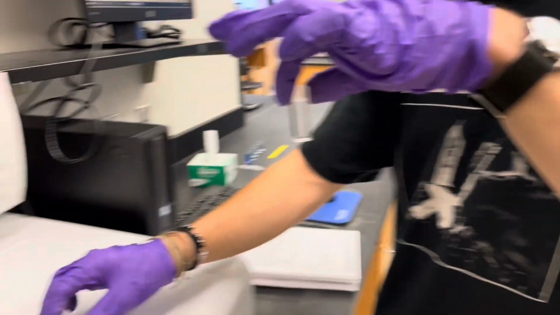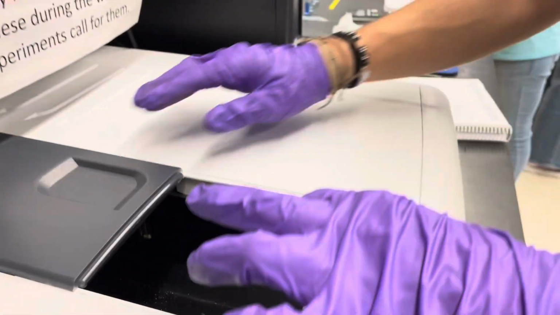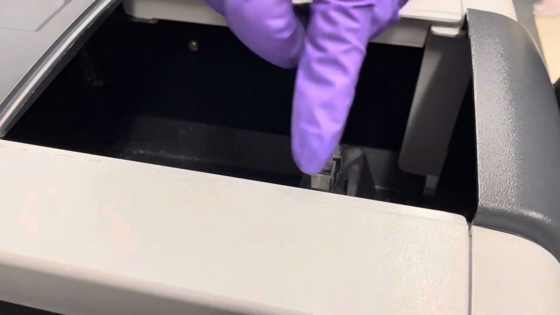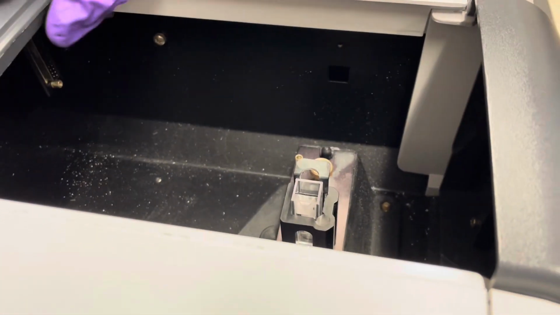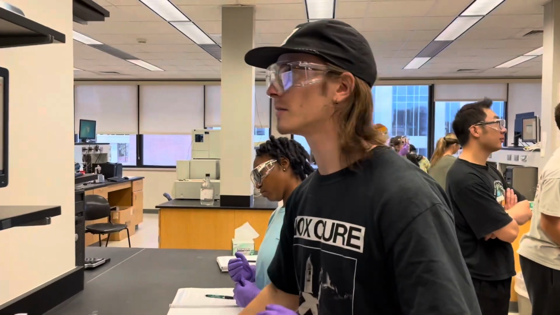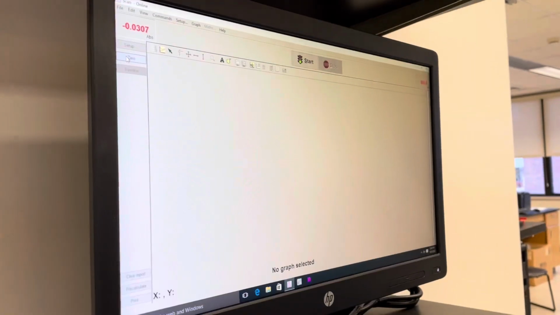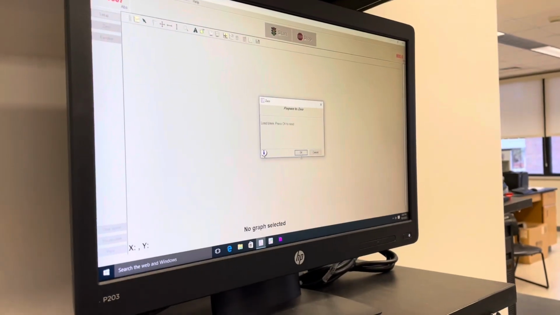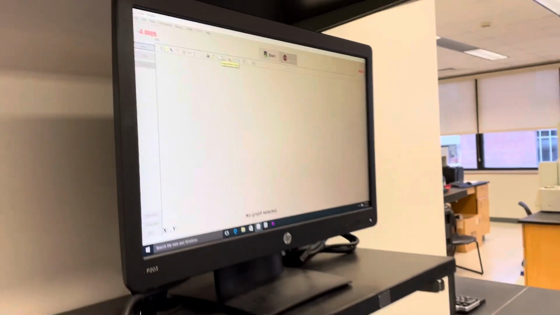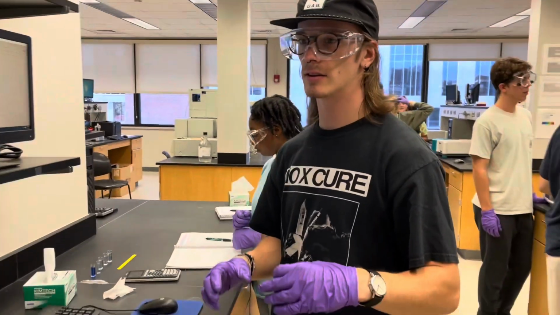We're going to take it to the spec. Place it in there with the arrow again facing the way of the light. We're going to close our spec, come over to the computer, and we're going to press 0. Press OK. And we have now zeroed out our spec.